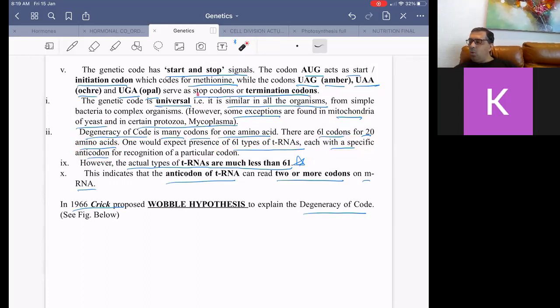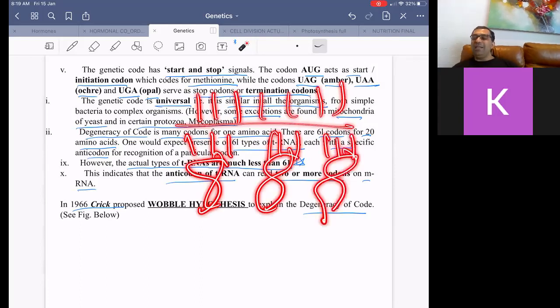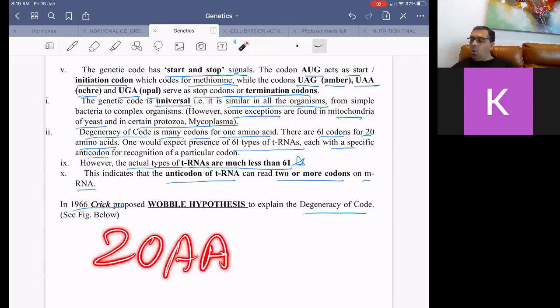For 61 codons, there should be 61 anticodons. That means 61 types of tRNAs. But tRNAs are specific for amino acid. Every amino acid is picked up by a specific tRNA. And amino acids are 20. And codons are 61.